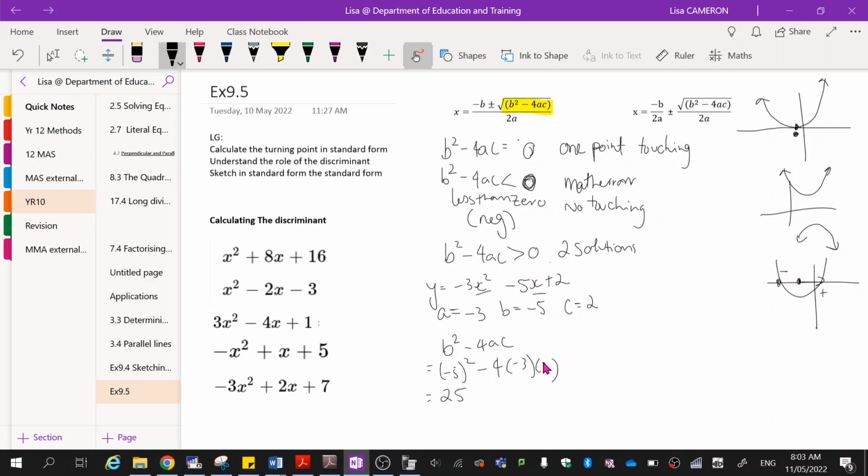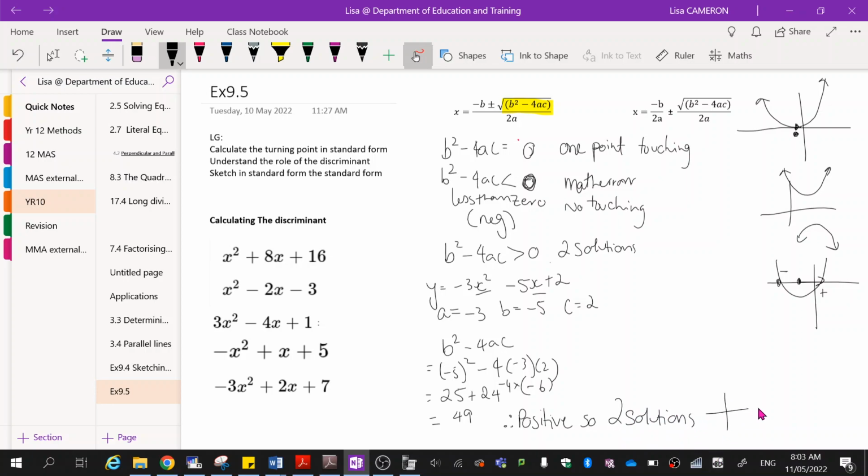Then if I do 2 times negative 3, that makes negative 6. So negative 6 times negative 4 is going to give me positive 24. That gives me a score of 49. So this thing is positive, so two solutions.